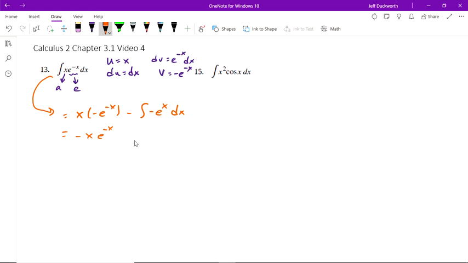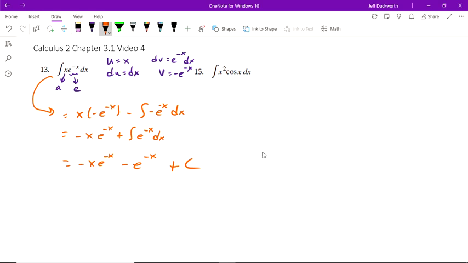This is a minus minus, so it would just be positive. So this will be plus the integral of e to the negative x dx, which equals negative x e to the negative x, and negative e to the negative x, and then plus some constant c.